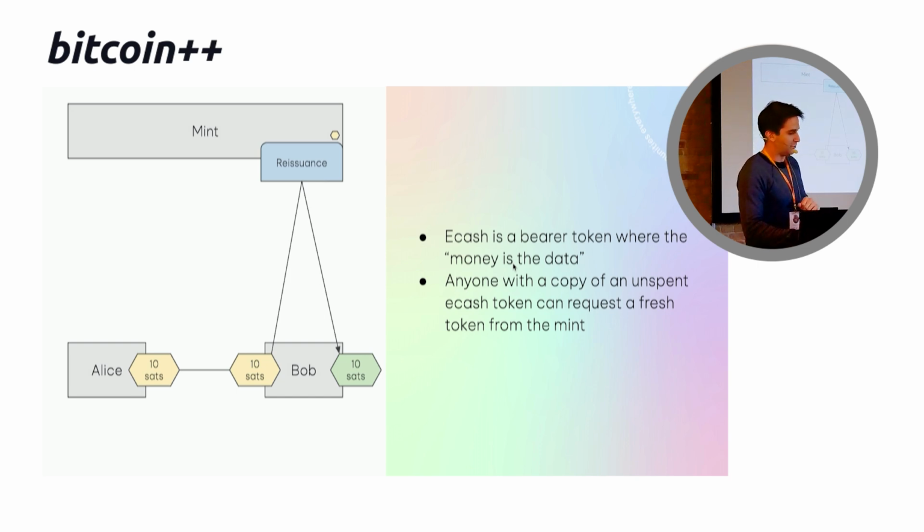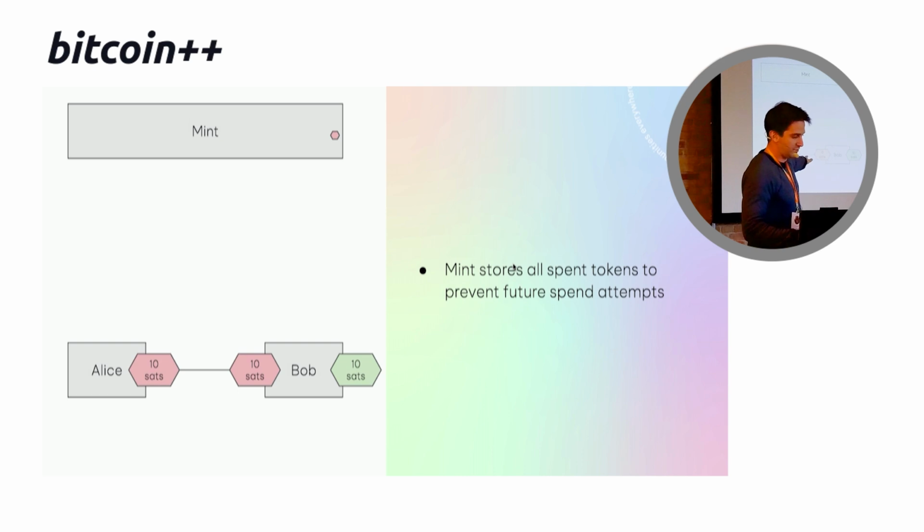After the reissuance, both of these copies are now invalid, because the mint stores all spent tokens to prevent future spend attempts. You can see this in the little dot up there, that the mint keeps track of all the spent tokens. So, basics.